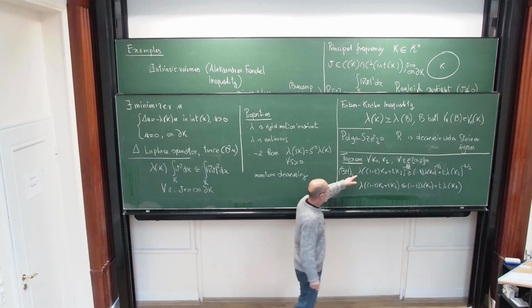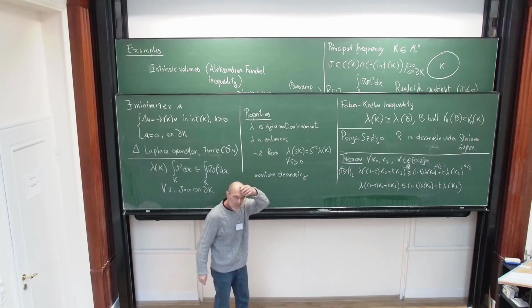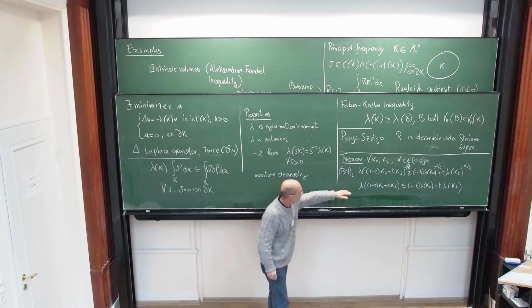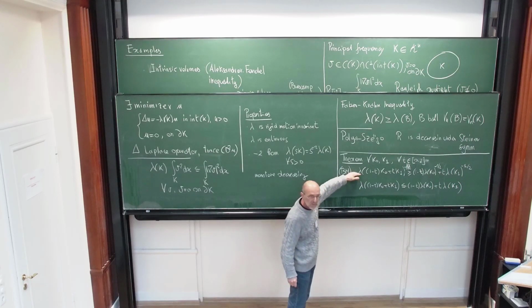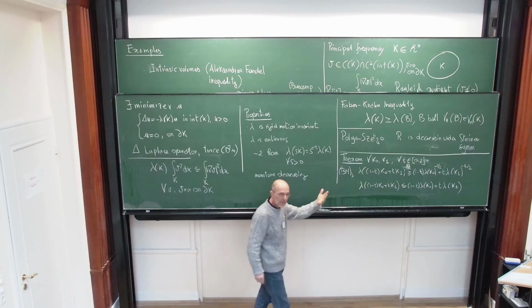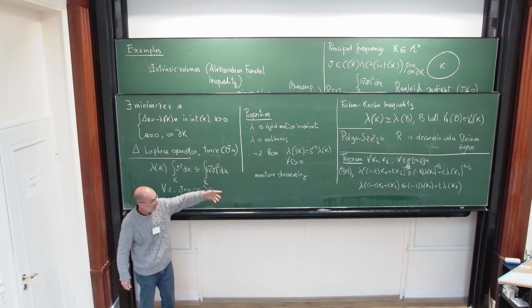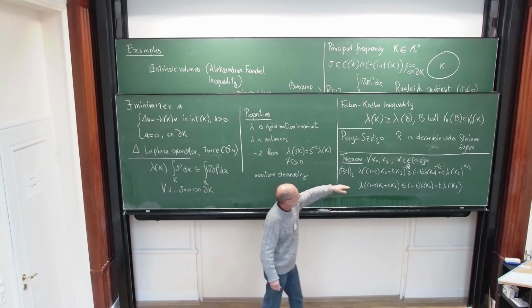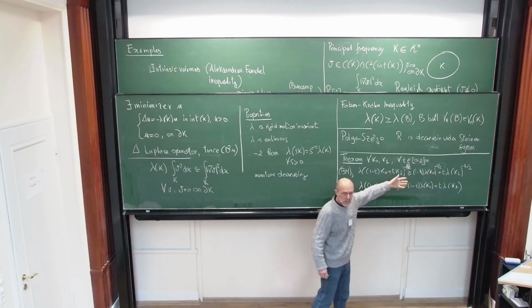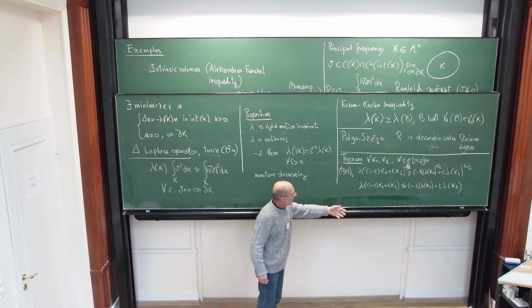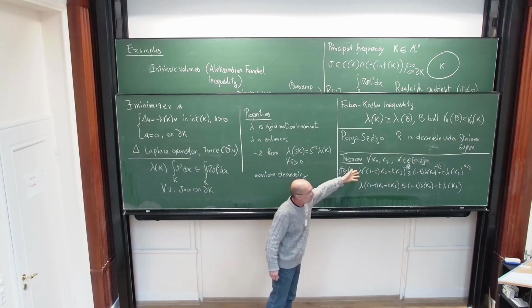This second inequality is weaker than the first, but by homogeneity, from the second you get the first. But to pass from here to here, you need the fact that the functional is homogeneous. Otherwise, you don't get the optimal one. This is optimal. I mean, this is the sharp exponent. You cannot do anything better. This is not optimal, but it's equivalent to this.